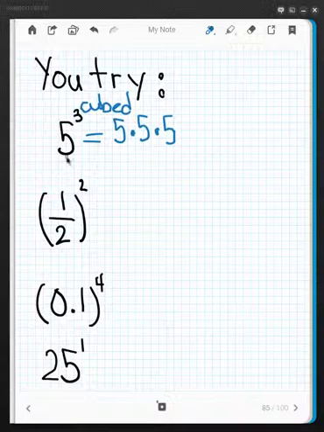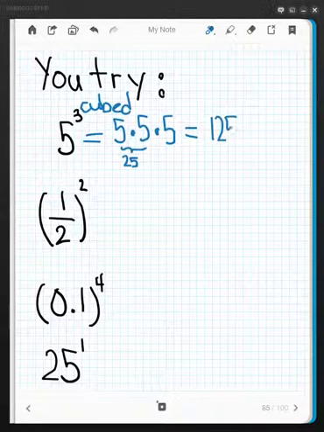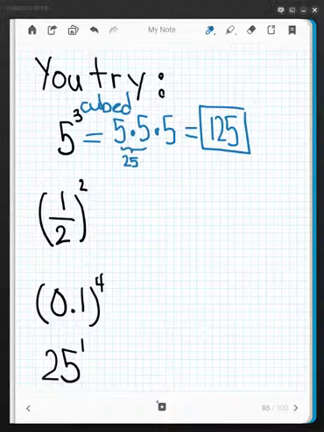We're using the base 5 as a factor 3 times. So we get the answer by saying 5 times 5, which is 25, and then 25 times 5, which is 125. If you need to multiply that out using long multiplication, go ahead.